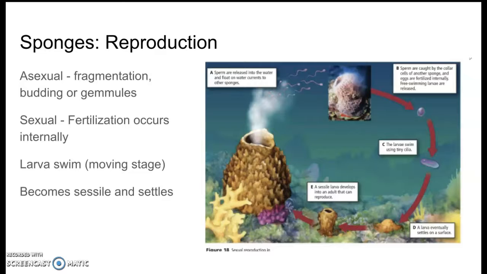Remember endospores, where the bacteria's DNA was enclosed in a very strong material so that the bacteria could come back when the conditions were better for that organism. So gemmules work like that.